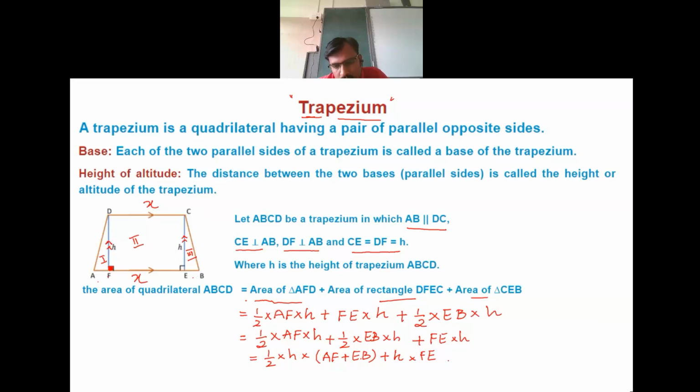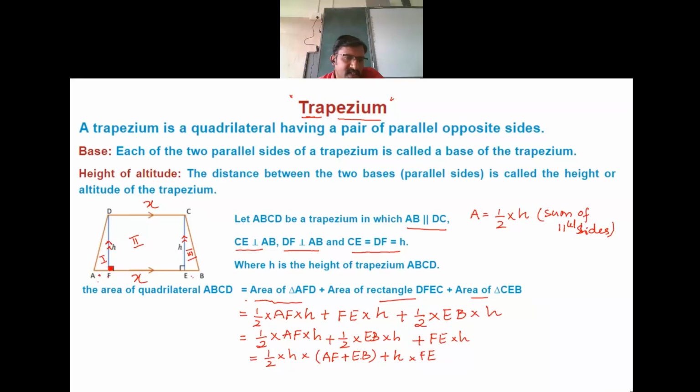What do we do now? Let me give a formula. Area of trapezium is given by the formula half into height into sum of parallel sides. Half into h here we have. Here we need to get the sum of the parallel sides.